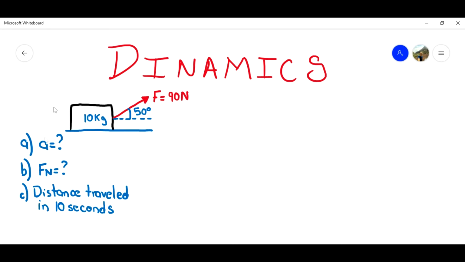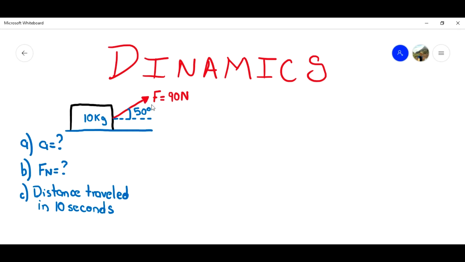So this is the problem number one. In the problem number one, we got a horizontal surface, in this case could be the floor, and we've got a block which mass is 10 kilograms. And this block is being pulled by a person over here.